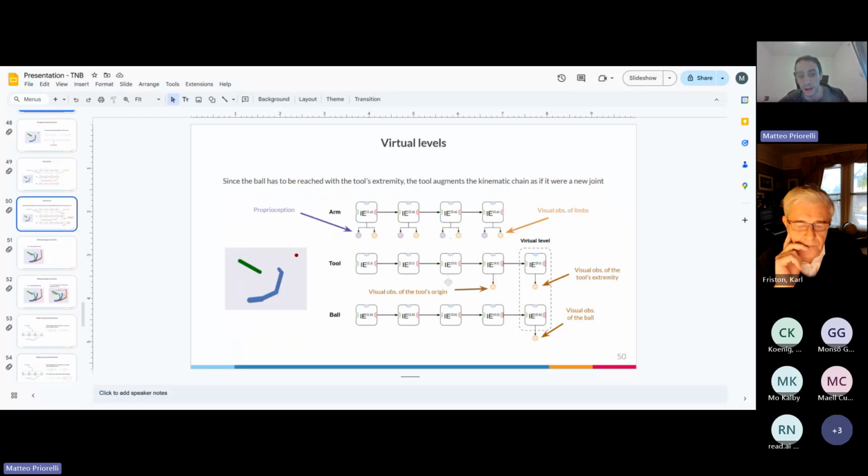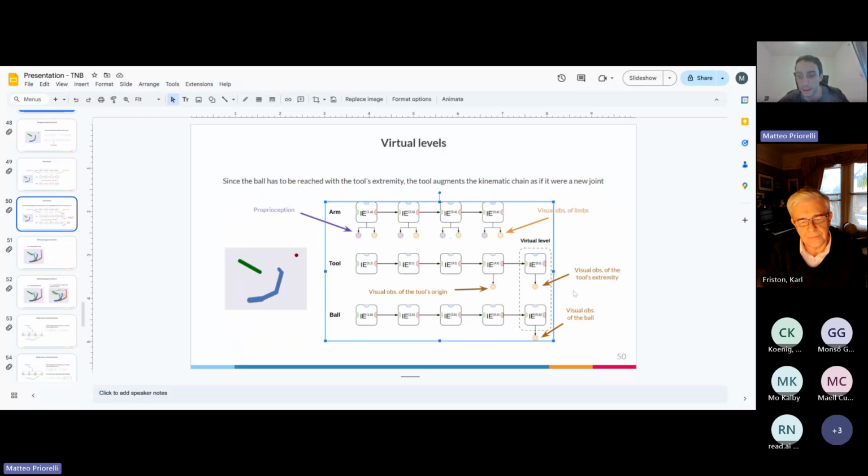The problem here is that I needed to link the visual observations of the tool at these specific levels of the hierarchical model. So the problem I'm asking myself is how the discrete model can assign these intentions based on the object affordances in a flexible way. I don't know if I made it clear.